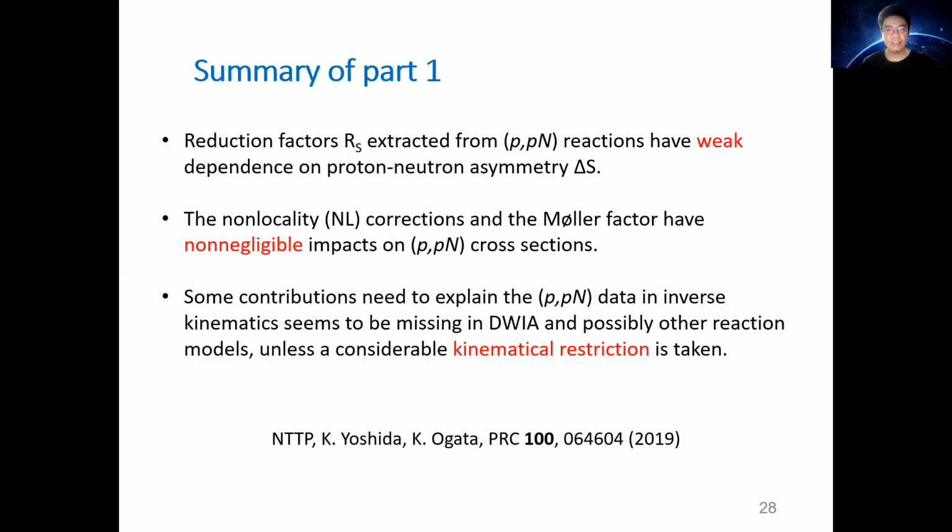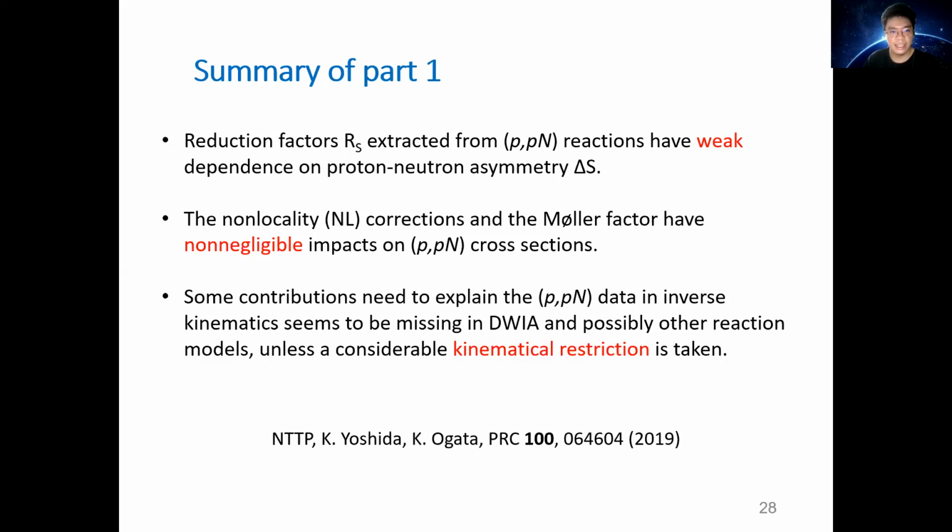So to summarize this part one, what we found is that the reduction factors extracted from PPN reactions, no matter which model you use, basically all have a weak dependence on the proton-neutron asymmetry ΔS. This is in good agreement with transfer reactions, and disagrees with nucleon removal data.